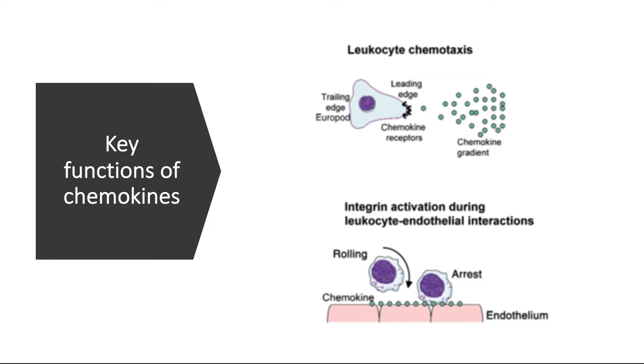Chemokines bind to proteoglycans and are displayed at high concentrations on the surface of endothelial cells and in the extracellular matrix. They have 2 main functions. The first is acute inflammation.